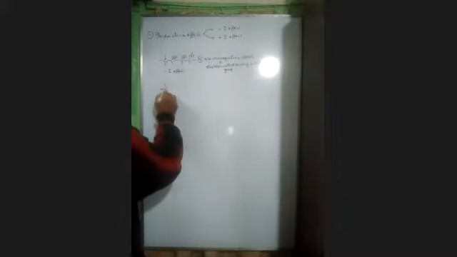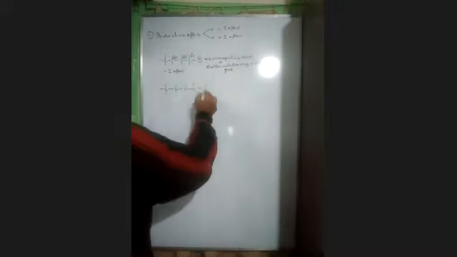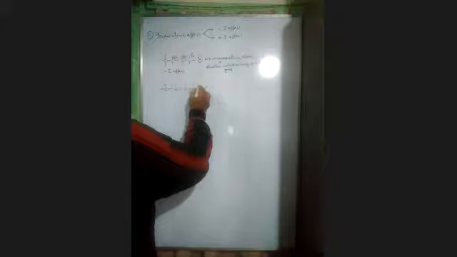And for plus I effect, say if they are being substituted by an electron donating group, that is, they should have a lone pair. In this case, what do you find? This is due to electron pair repulsion. Electrons are being pushed towards the carbon side.